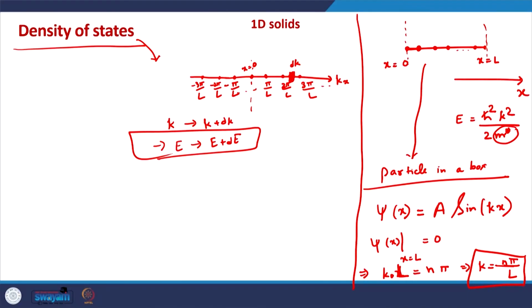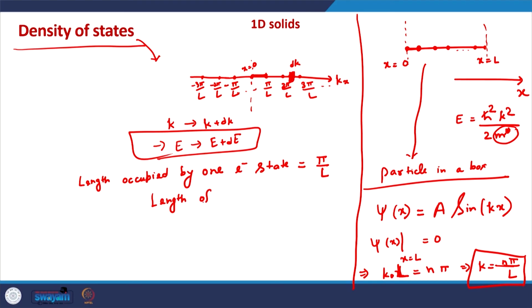So, the length occupied by one electronic state, the length in which one allowed electronic state exists in k space, is essentially pi by L, and the length of the linear element that we have taken is essentially dk.